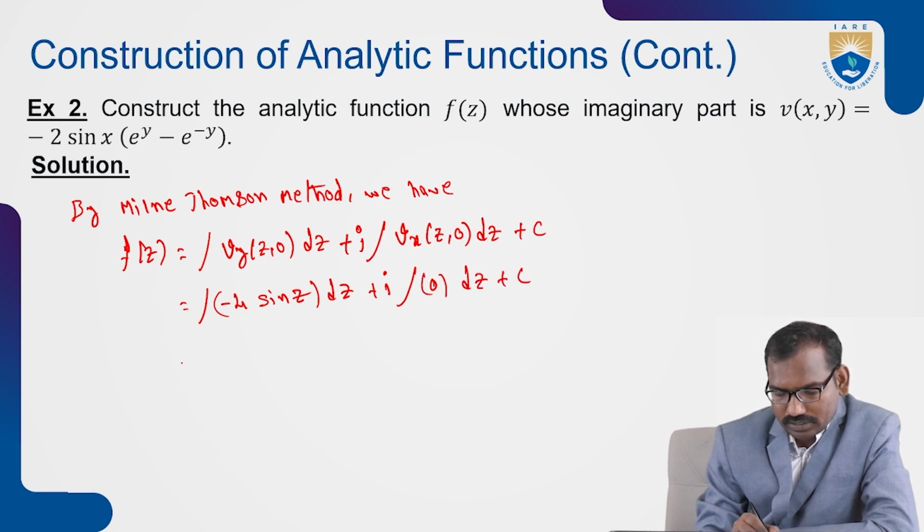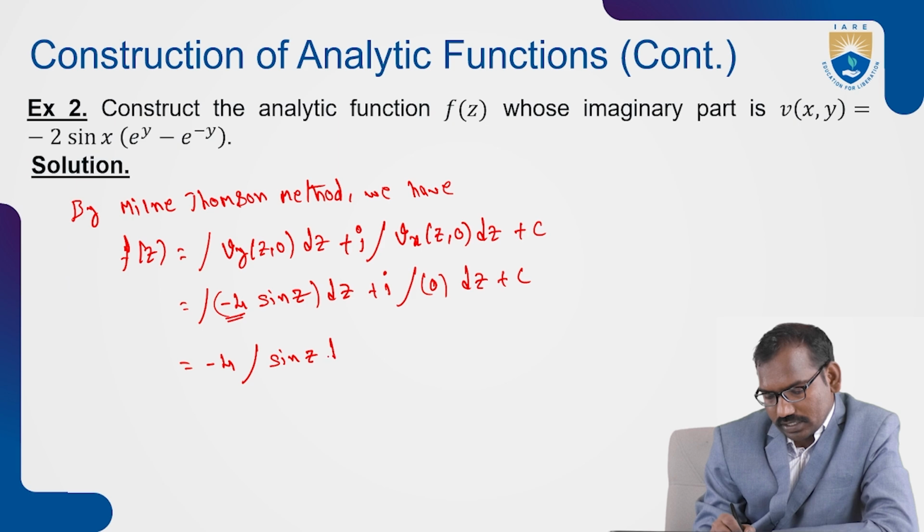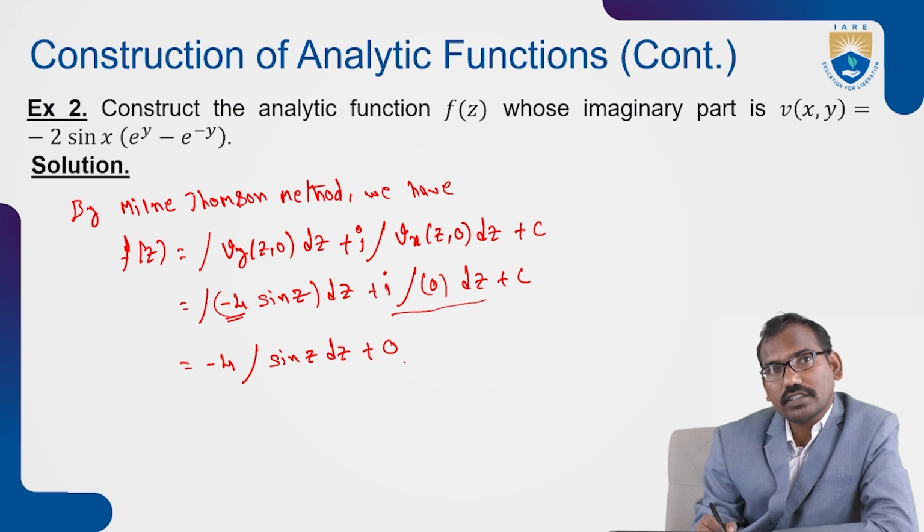Now I am writing, minus 4 is a constant, you can take it out of the integration, minus 4 integral sin z dz, and 0, because the integrand is 0 here, that's why the total integration becomes 0, plus c.